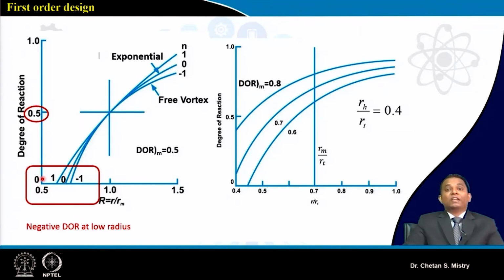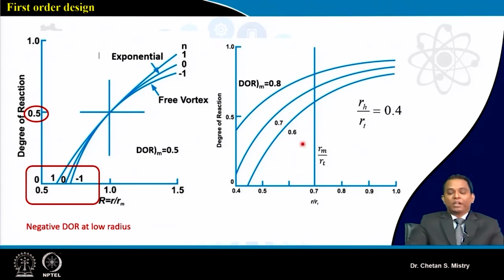This increase in losses is reflected in our pressure rise as well as in our efficiency. So we will have a loss of efficiency by a few points when we have a negative degree of reaction. In order to get rid of this situation, suppose I consider my degree of reaction at the mid station at different values.